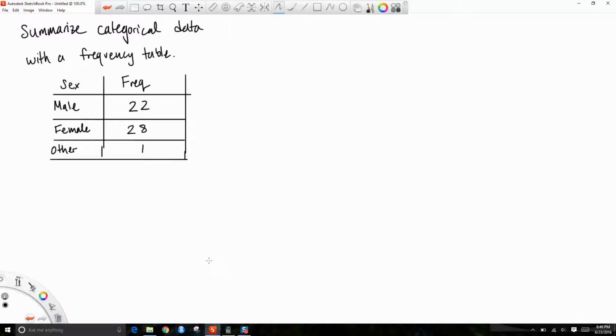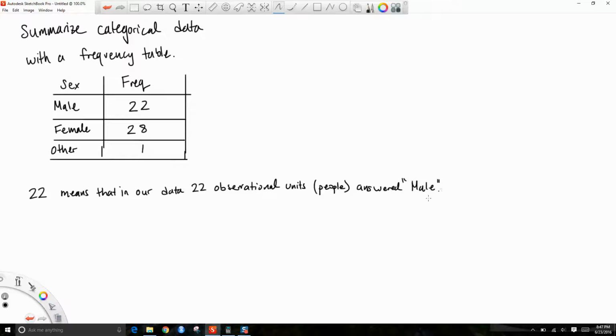So this tells us the frequency, how many times. 22 basically means in our data, 22 observational units. In our case, an observational unit would be a person. So 22 people answered male.